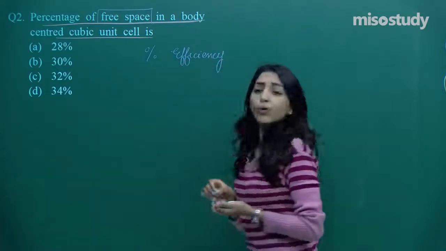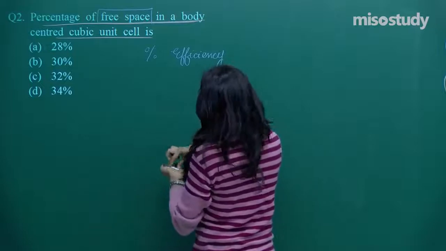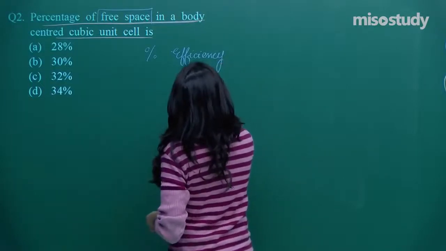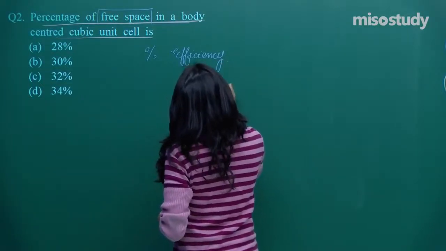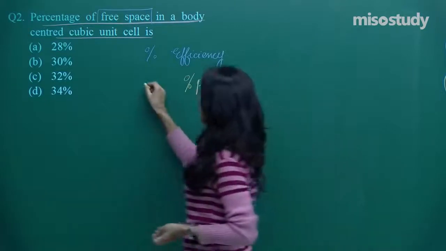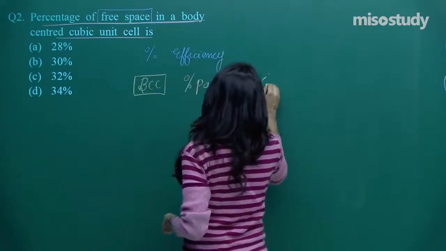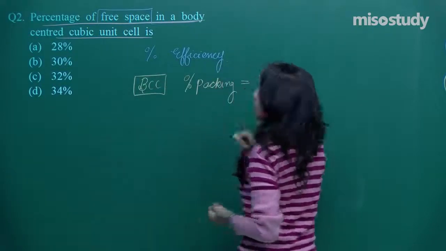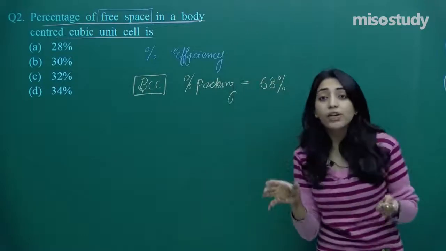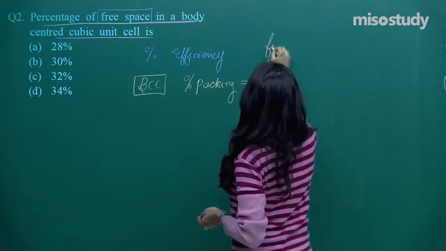Or if you do not want to call it percentage efficiency, you can also call it percentage packing. So percentage packing in the case of body centered cubic unit cell is something around 68%, right? That means out of 100% space, 68% of the space is already filled up.